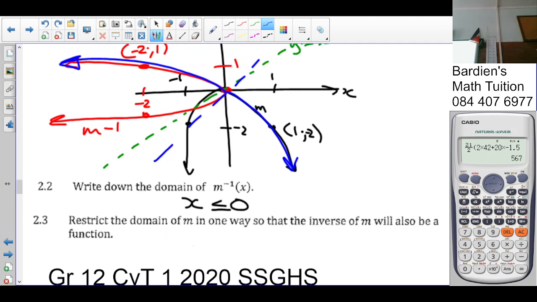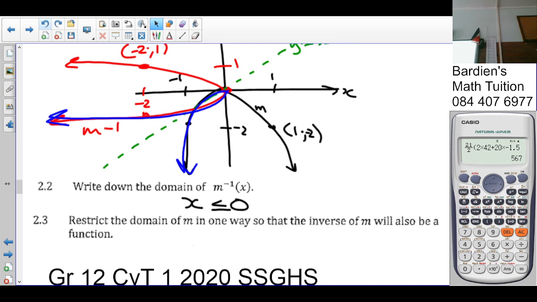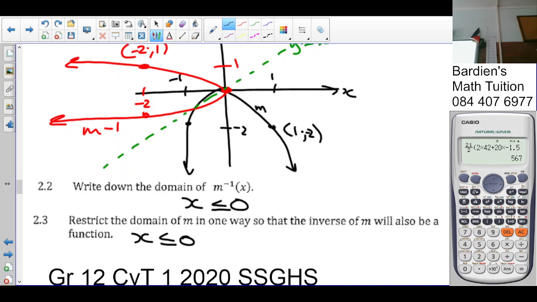Or, on the other hand, if we take that arm of the parabola and its inverse, which is that one, again, the inverse will pass the vertical line test. So how do you answer that? We simply say x has to be less than or equal to 0, or x must be greater than or equal to 0.